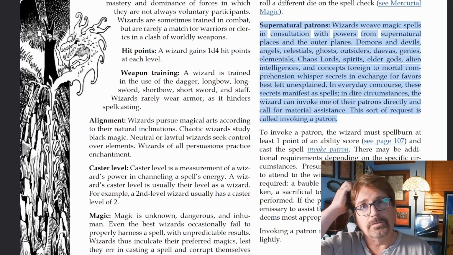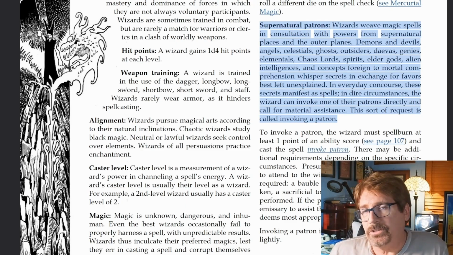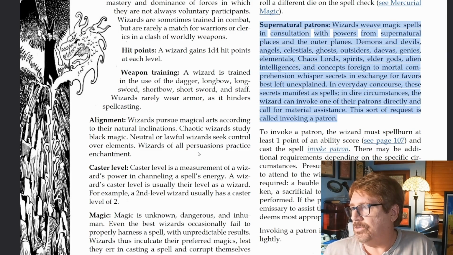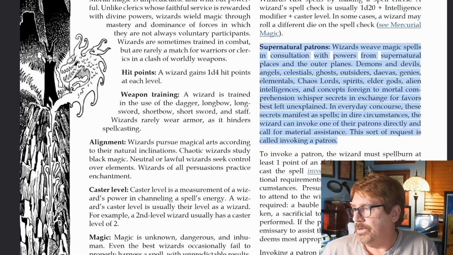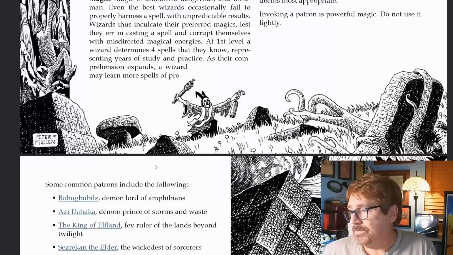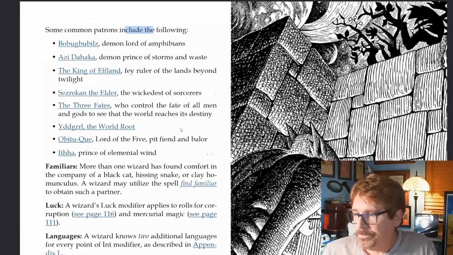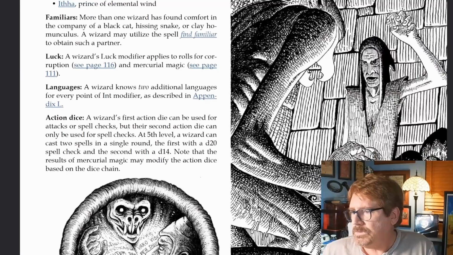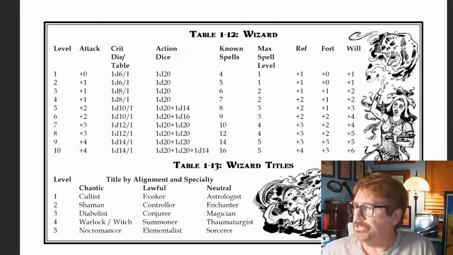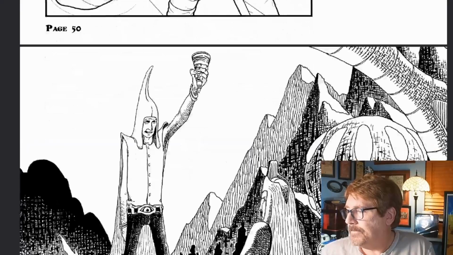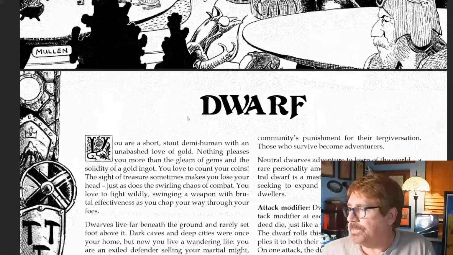The powers that be, the factions, what Iuz is up to and all his people, the Temple of Elemental Evil, the whole entire organization would have to be reconsidered, their tactics and strategies and stuff. That'd be tough. And so here's some typical patrons that they have. The Wizard. Wizards have d6 hit points. Yeah. So cool artwork. I like it.